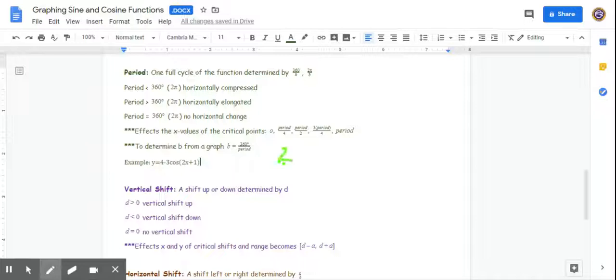So when we do this, you want to simplify, cross out the 2's, and so you get just pi. Let's say that it was in degrees, you would do 360 degrees divided by 2, and you would get 180. And we all know that pi and 180 are the same value, just one's in degrees and one's in radians.